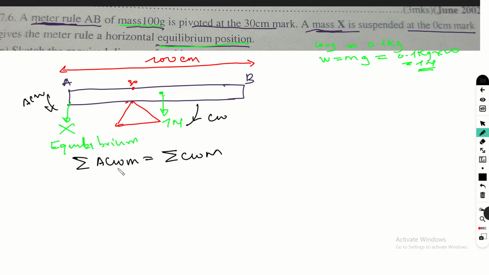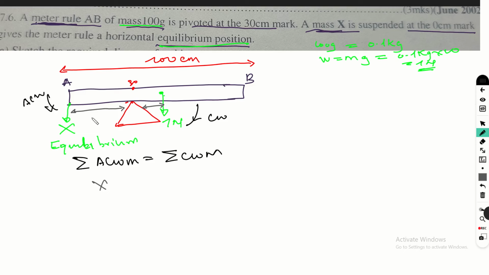So you have x times the distance. We don't know x, but this is the distance from here, and this is the distance from here to here.